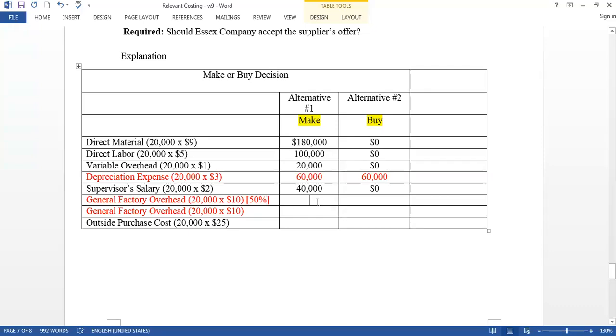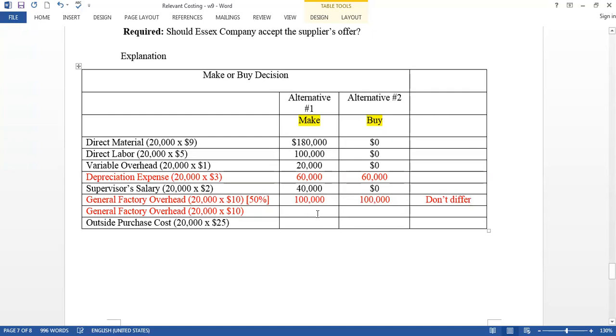So what is the 50% here? 50% is 100,000. 100,000 doesn't differ. The question said that one half of general factory overhead doesn't differ.